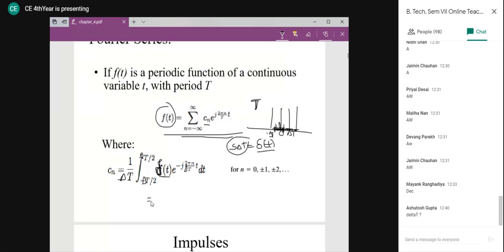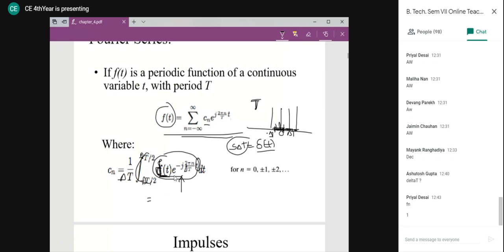Now you simplify. What is the simplification? Whenever you have the impulse multiplied with a function and integrated, what is the result? It is the function located where the delta exists. This delta exists at t equal to 0. So what I get is the impulse multiplied with the function and integrated, and the result is the function where the impulse exists.